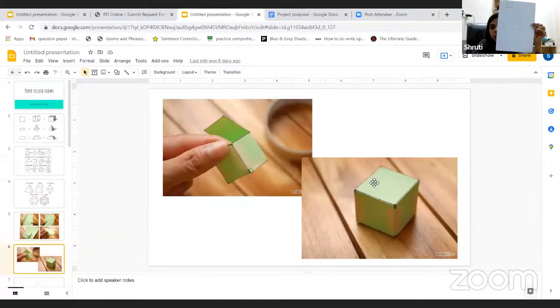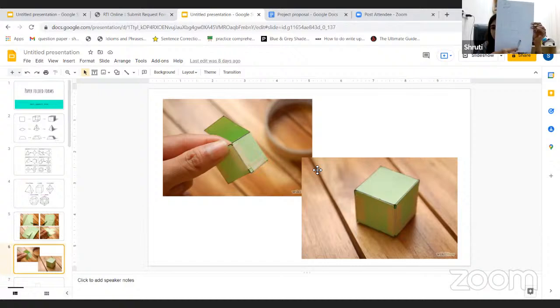So I don't want to do that. So what I'm going to do next is I'm going to start making flaps. To understand flaps, just understand where you will require to close the shape. So imagine if this was my base, the base doesn't require any flaps because it's already connected to the 4 sides. But the 4 sides aren't connected to anything. So obviously I will need a flap here. I'll need a flap here.